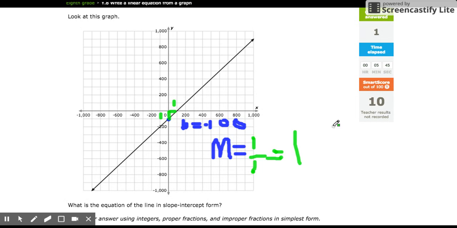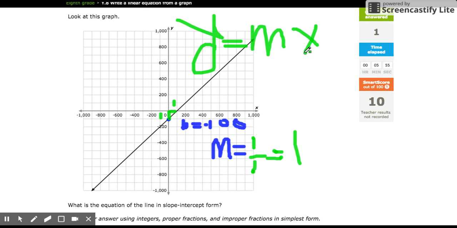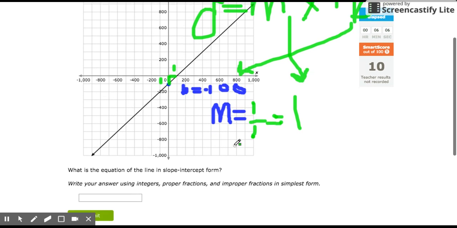Gosh, it's hard to write with this thing. So now put it all together. Remember your equation was y equals mx plus b. Well, that's your m. It's a 1. Your b is negative 100. So put it all together.